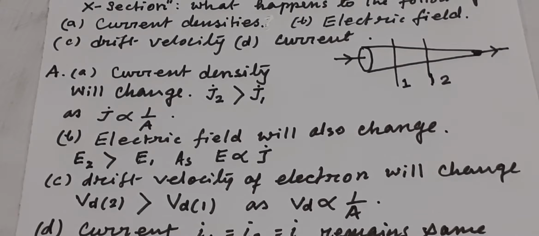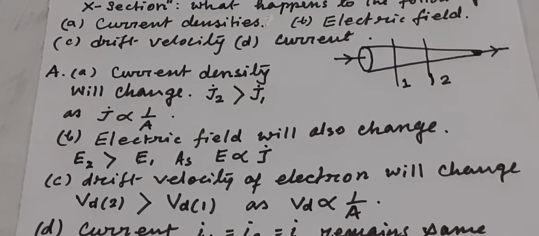Part C, will the drift velocity of electrons change? Yes, according to the cross section, its velocity depends. That means drift velocity of electrons is inversely proportional to area. So the drift velocity of electrons will be higher at 2 than at 1.